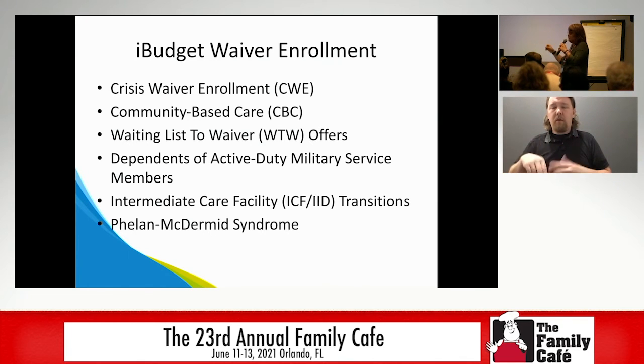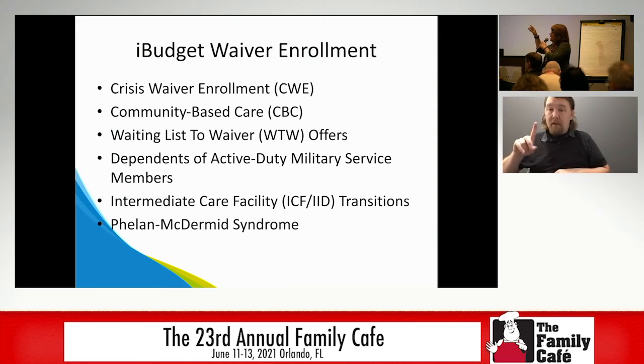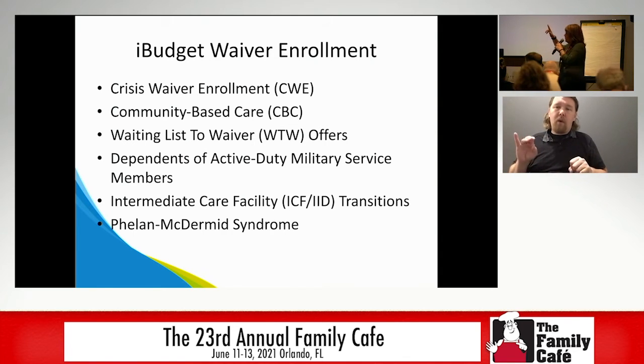Community-based care, CBC, that would be priority category 2. Exactly right. So anybody who's in foster care and also meets the eligibility criteria for APD services, and they're adopted, reunified, or they're in permanent placement, they can enroll on the waiver.